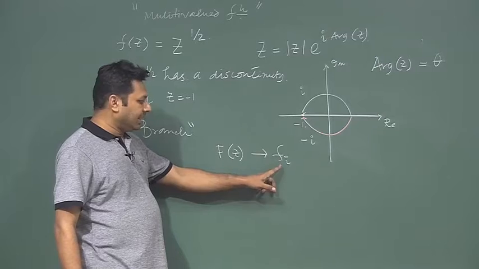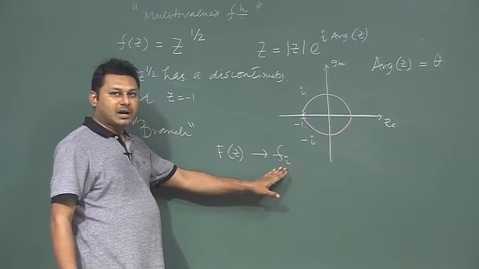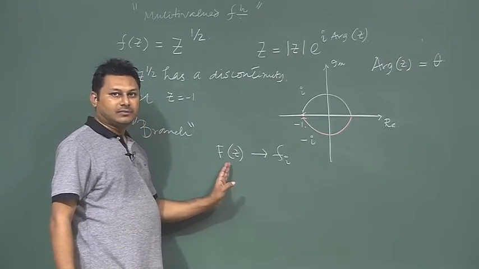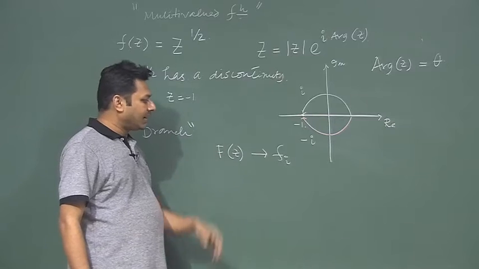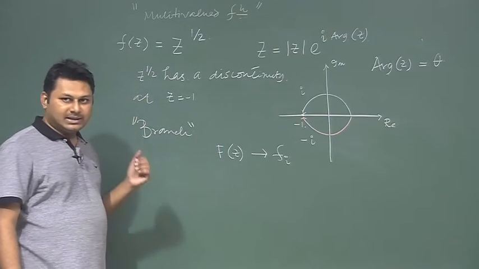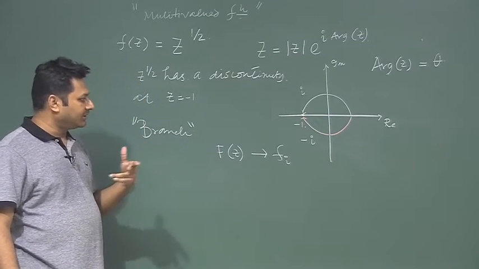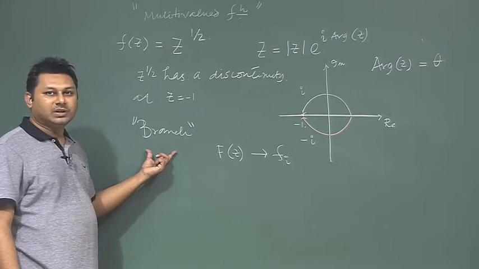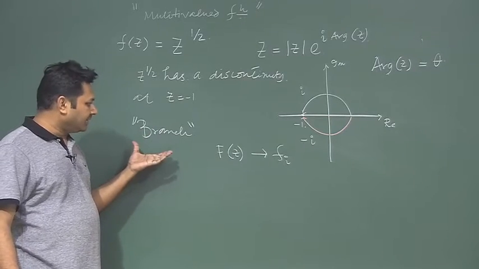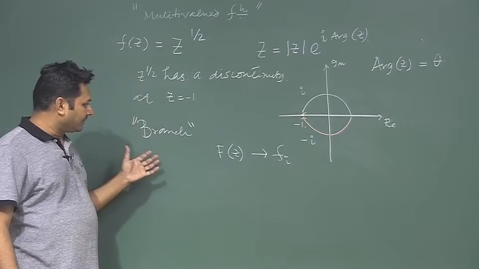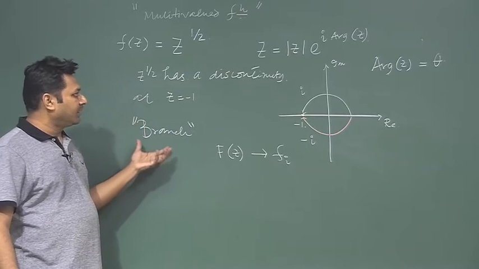So, then we can say that f_i is a branch of these things. For different branches we will have different values, and then if we cut at this discontinuity point we will have something called a branch cut. So, this is entirely a subject where you need to spend more time.